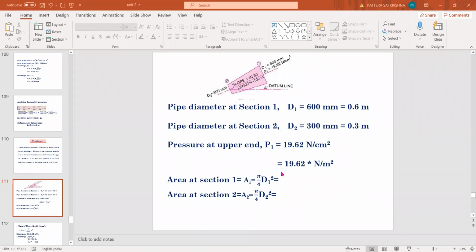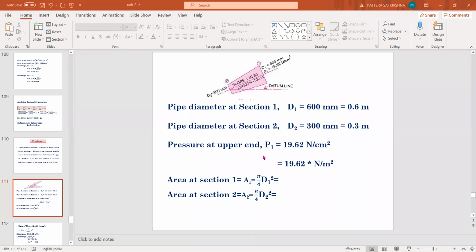Then write down the given data. The pipe diameters are given. Section 1 is taken at the upper end, so D1 is equal to 600 mm, that is 0.6 meter. Pipe diameter at section 2, D2, is 300 mm, equal to 0.3 meter.